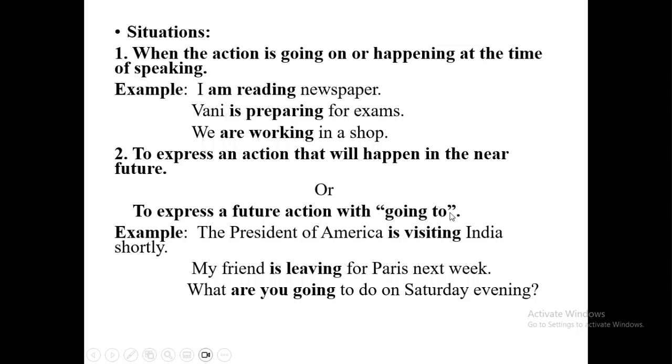By using this, we can express the upcoming future actions, the future plannings, or whatever we will do. Understand? For example, the president of America is visiting India shortly. That means it is a future action, so we can express it in present continuous tense.